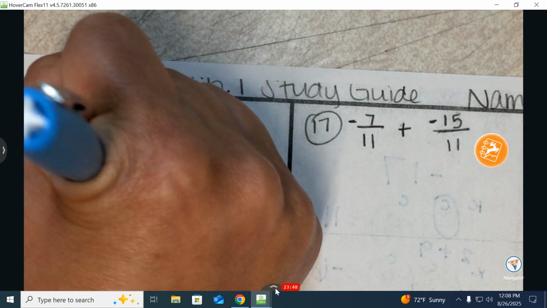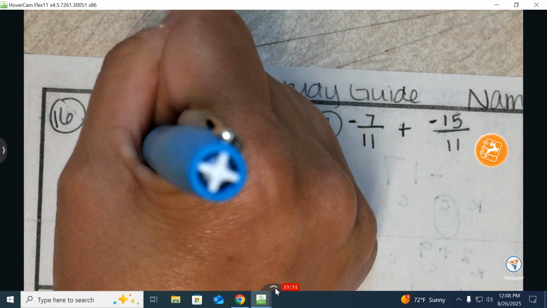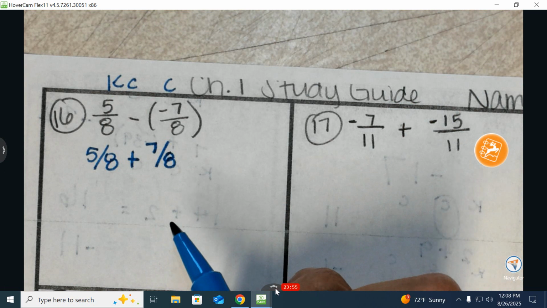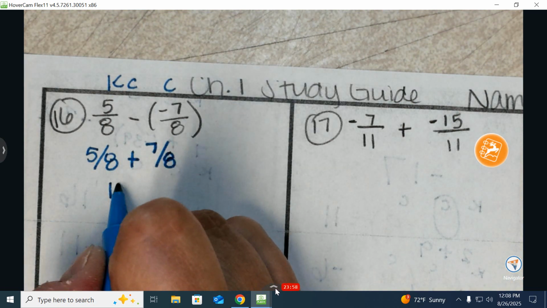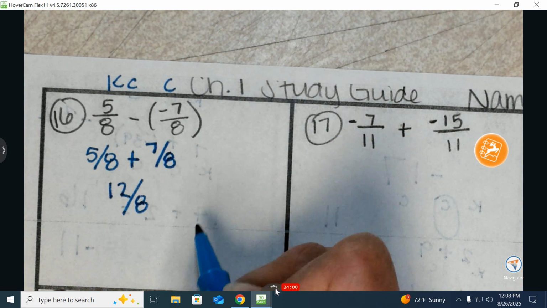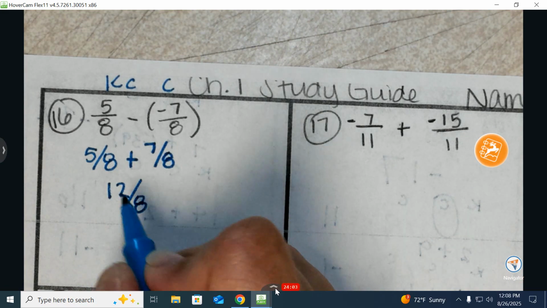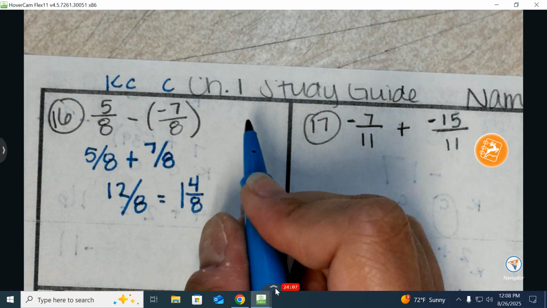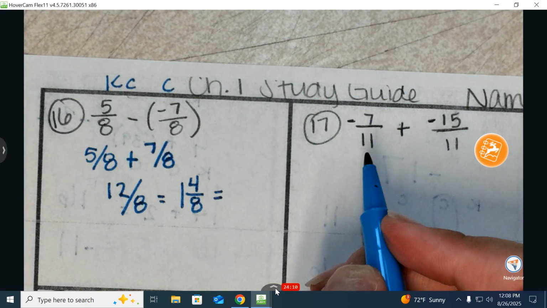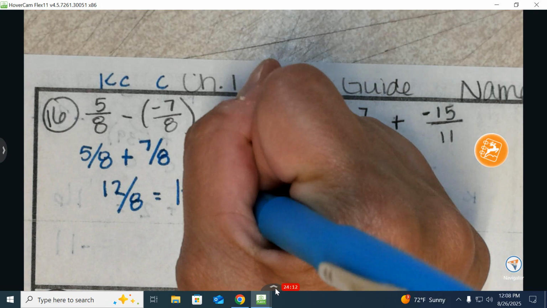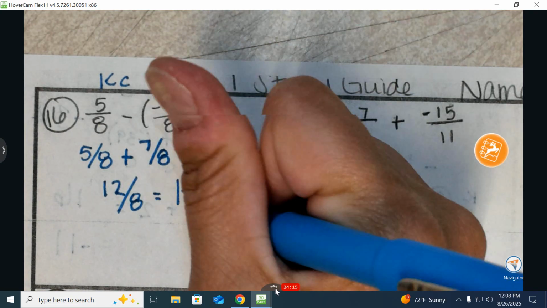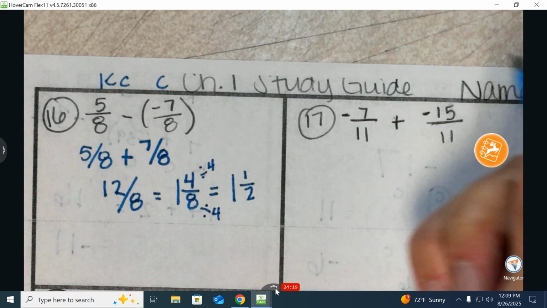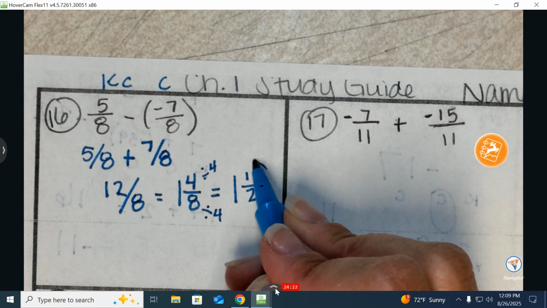Okay, 5/8 plus 7/8. 7 and 5 is 12/8. 8 will go into 12 one time with 4/8 left over. 4/8 can be simplified to 1/2 because 4 will divide into both of these. So divide both of them by 4 and you get 1 and 1/2.